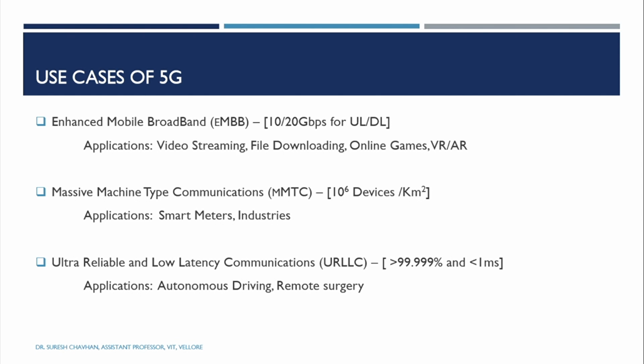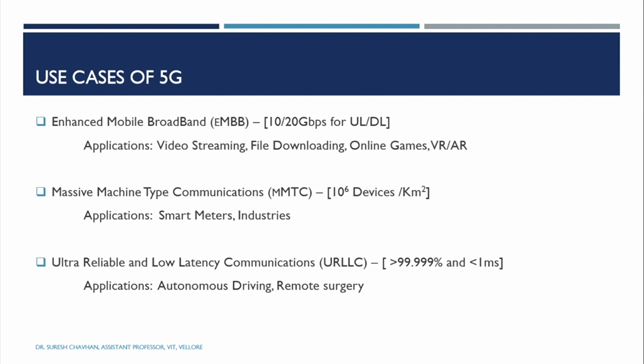And the third one is ultra reliable and low latency communication, URLLC. This is the best service, and I like it a lot because I'm working in this area. Ultra reliable low latency communications provides 99.99999% reliability, that is like the purest, right?